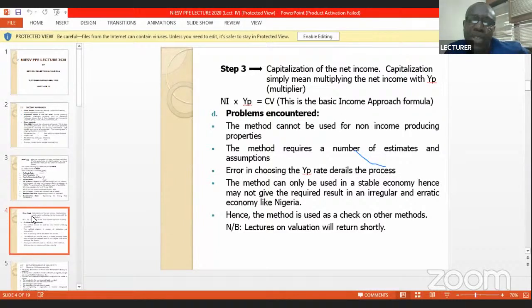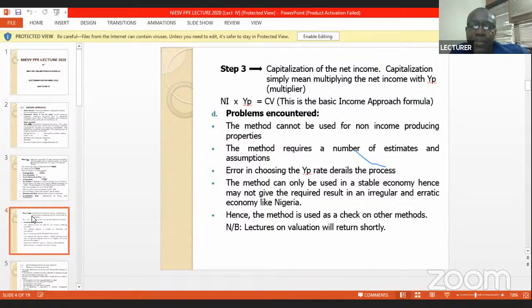And what you will see is that in a country like ours that is irregular and erratic, a country where cement today is 2,350 naira, tomorrow you come to 3,000, it's a very irregular economy. So using YP that should be used in a stable economy to value properties here is really very risky.